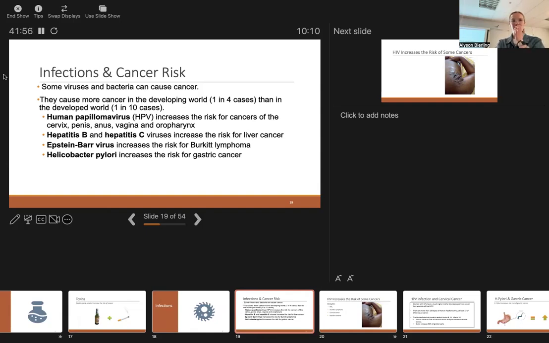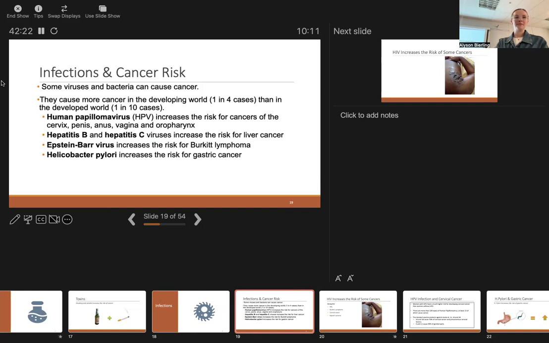So HPV, or I don't have HIV on this slide, but we'll get to it. HIV as well. So HPV increases the risk for cervical cancer, penile cancer, anal cancer, vaginal cancer, and then oropharyngeal cancer. Hepatitis B and hepatitis C increase the risk for liver cancer.